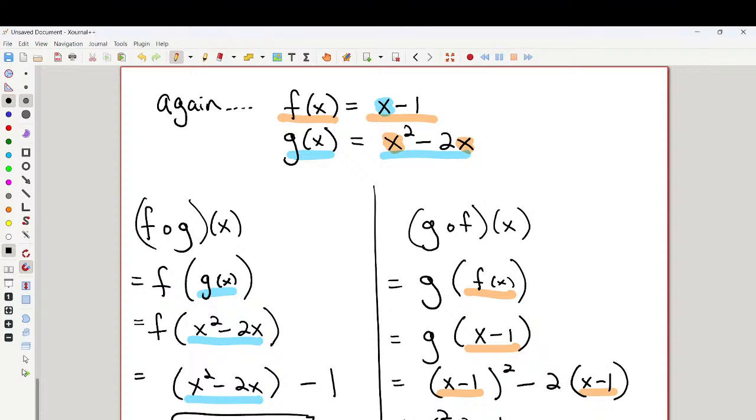So this expands to that. When we distribute the -2, we get that. And we would combine like terms. And we're done. Just further emphasizing too, order matters. You do not get the same answer.